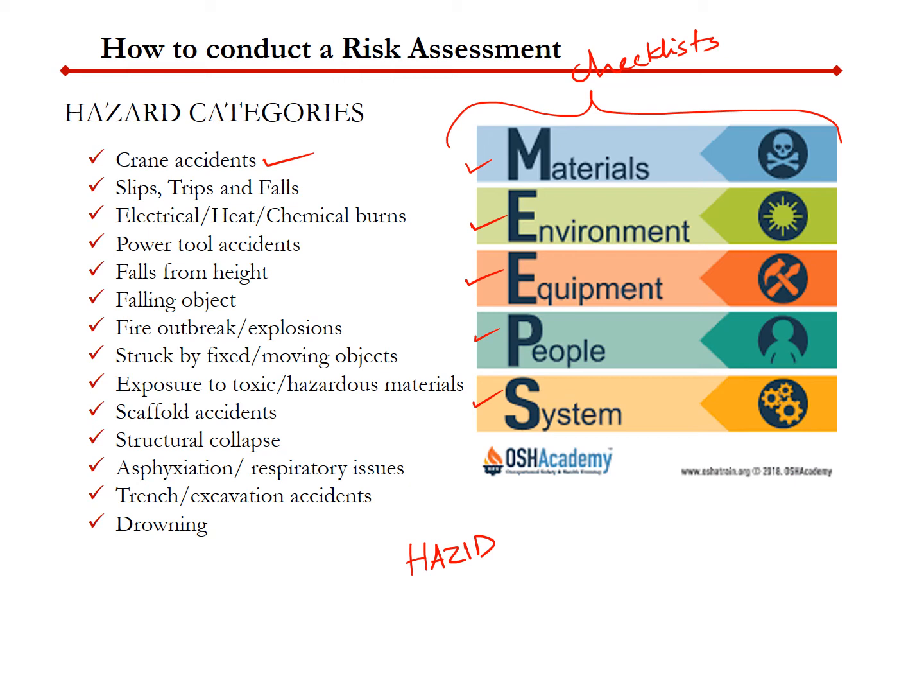You identify these as hazards: slips, trips, and falls, power, electrical, heat, chemical bonds, power tool accidents, falls from height, falling objects, fire outbreak and explosions, struck by fixed or moving objects, exposure to toxic hazardous materials, scaffold accidents, structural collapse, asphyxiation, respiratory issues, trench and excavation accidents, and drowning. So you could identify potential causes of all these accidents and present them as hazards.